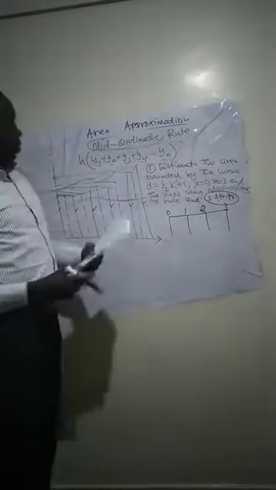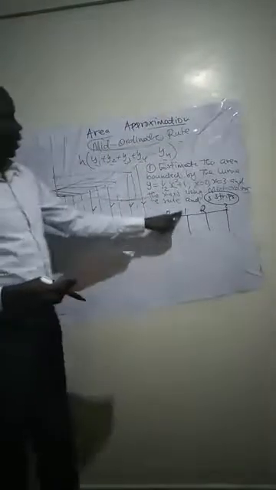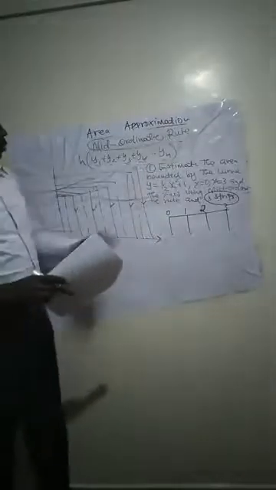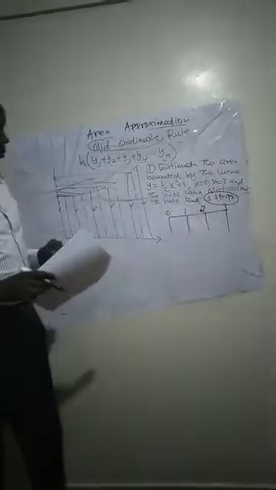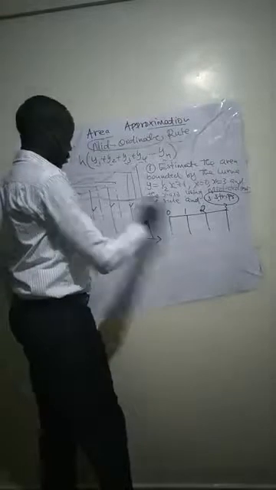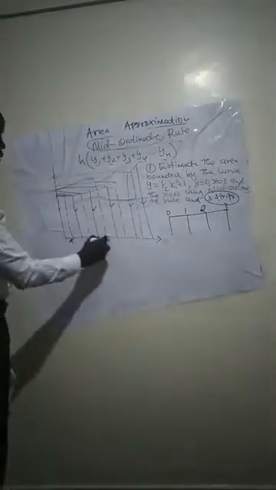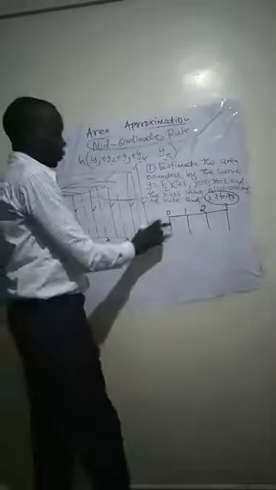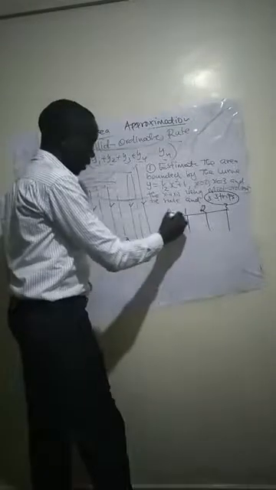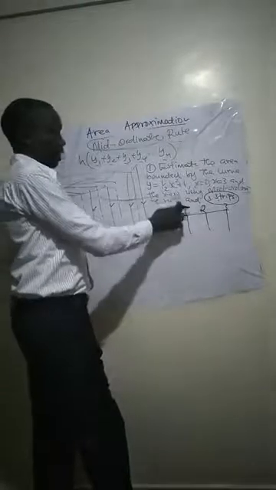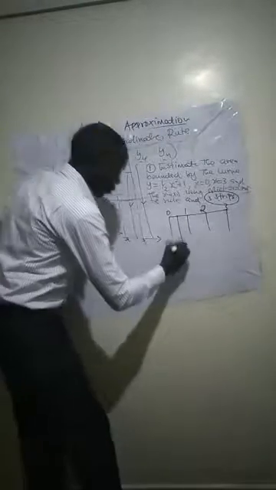Now, we are not going to use 0, 1, 2, and 3 as the values of x, because this is the mid-ordinate rule, not the trapezium rule. After getting the required number of strips, we need to locate the midpoint of each strip. The first strip is from 0 to 1, so the midpoint will be 0 plus 1 divided by 2, which is 0.5.